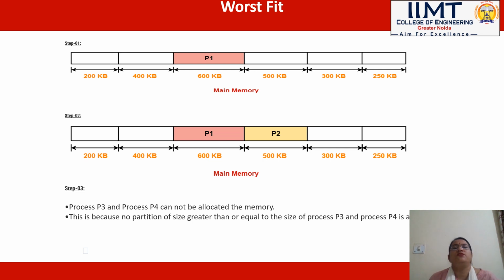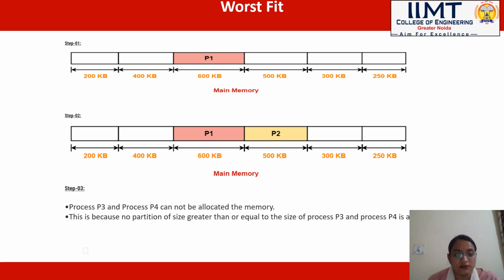Worst fit is an algorithm of memory allocation. In that case, process P1 has size 357 KB, so we check the largest hole of main memory. We can see that 600 KB is the largest hole, so this hole is provided to process P1.